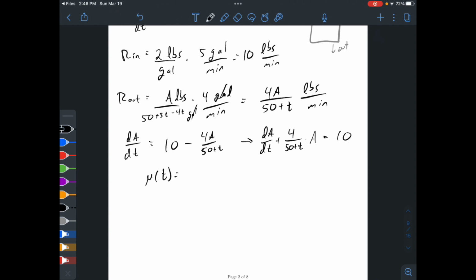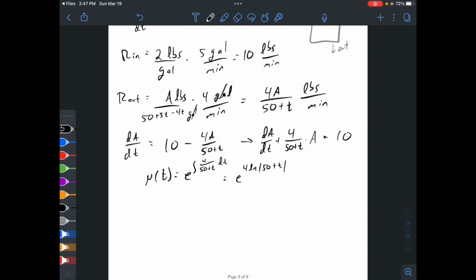So find mu of t, my integrating factor, that's going to be e to the integral of whatever is attached to the A right here, which is 4 over 50 plus t. Note that it's positive in this case. So this is e to the 4 ln of absolute value of 50 plus t.